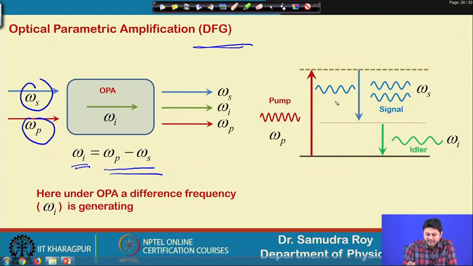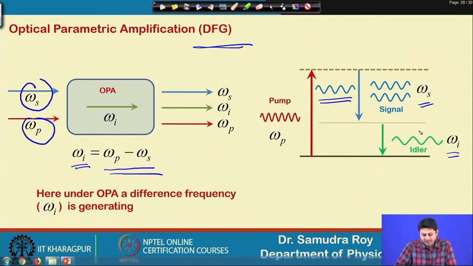The signal wave is already there, in the blue line. So, this signal gets amplified. We will get two blue waves here at frequency omega s, and also there is a difference frequency, which we call the idler, that is also generated.